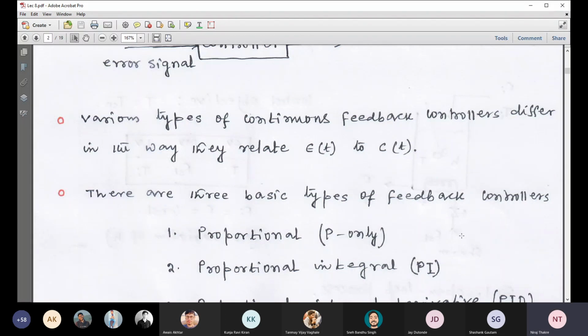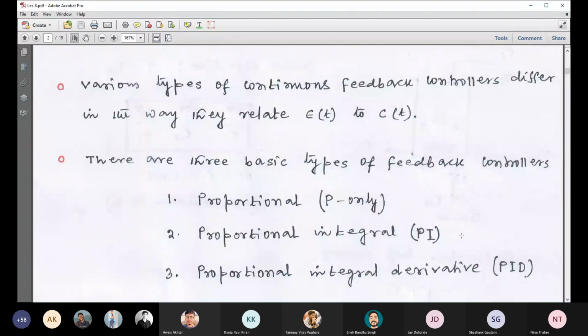There are three basic types of feedback controllers.